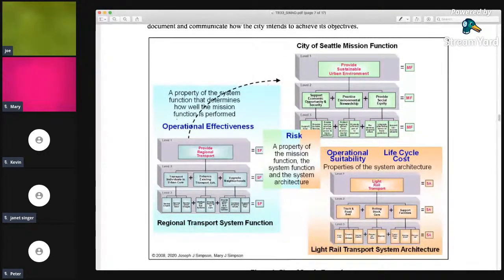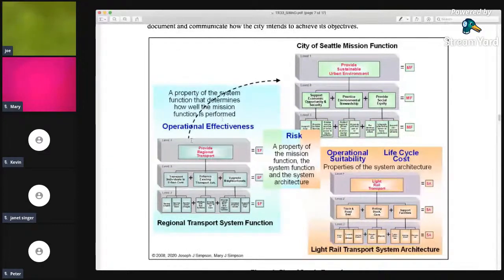Now we'll start picking and tracking something, like this one that talks about the City of Seattle mission functions: provide a sustainable urban environment. Well, what does that mean? They provide a lot of information on their websites and throughout the city to break that down and document what that means.